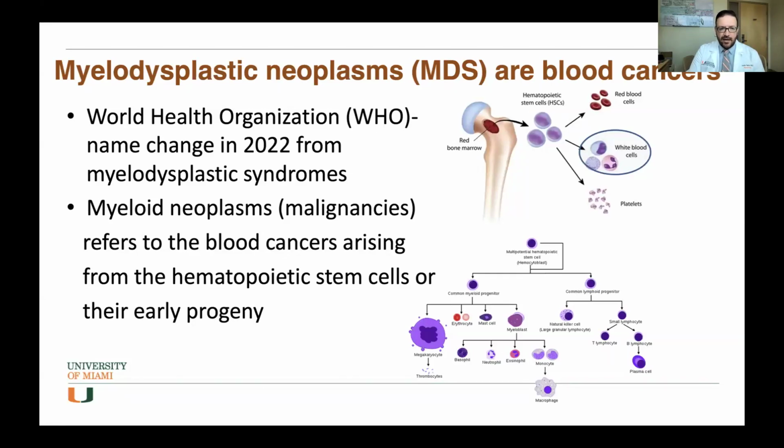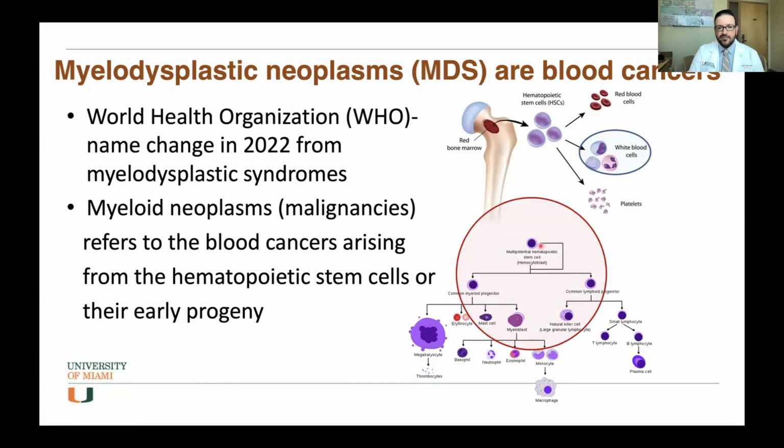And myeloid neoplasms, including MDS and AML, refer to blood cancers arising from either the hematopoietic stem cells or the very early cells that come from a hematopoietic stem cell. So this here, I know it's kind of small on the screen, apologies for that, but I've circled here the hematopoietic stem cell.